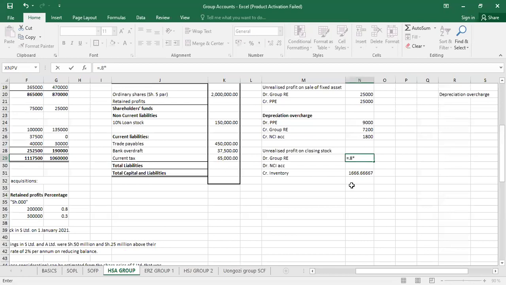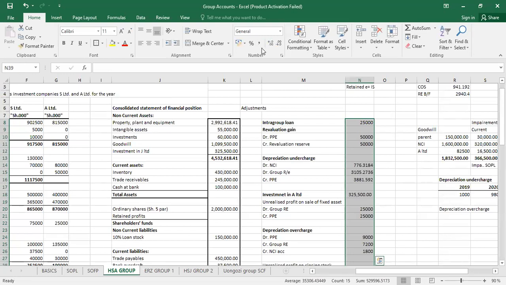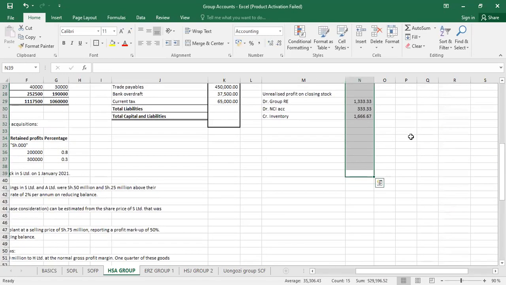You multiply by the amount there. Then the difference is what will go to NCI, because the sales are upstream. Let me do it at 2 decimal places.